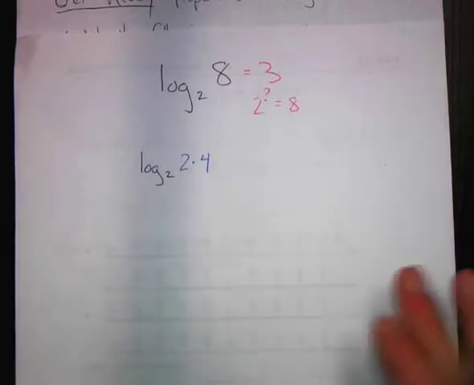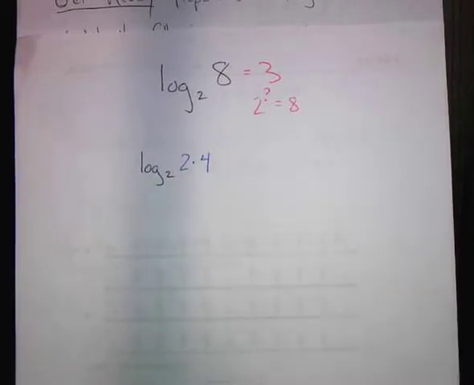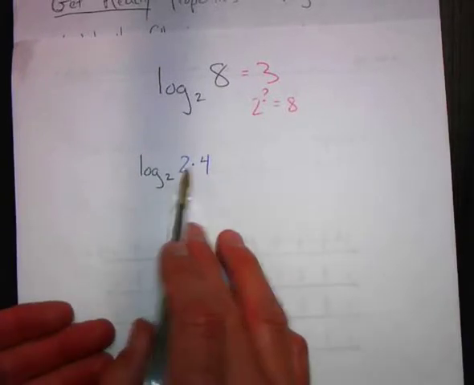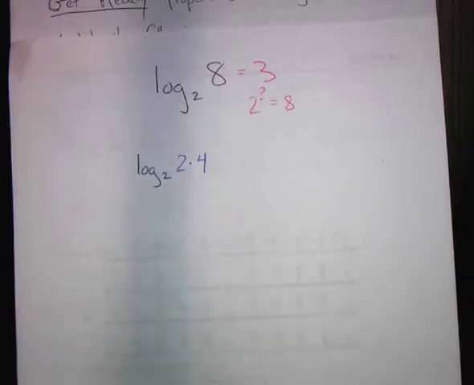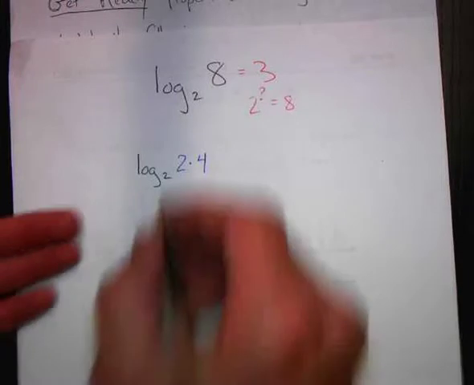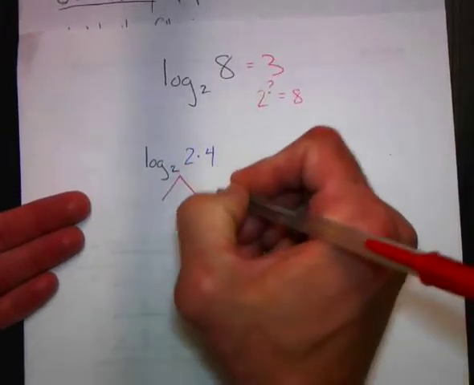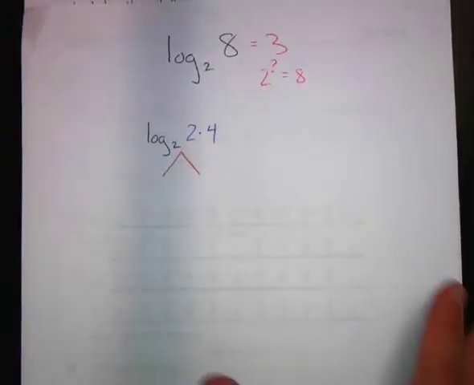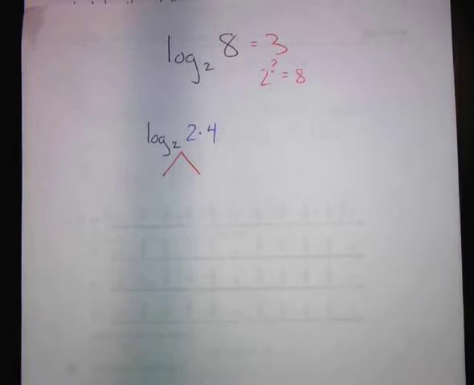We can take the fact that 8 is the product of 2 and 4, and what we can do is write this as 2 different logarithmic expressions. We could totally break up this logarithm into 2 expressions.